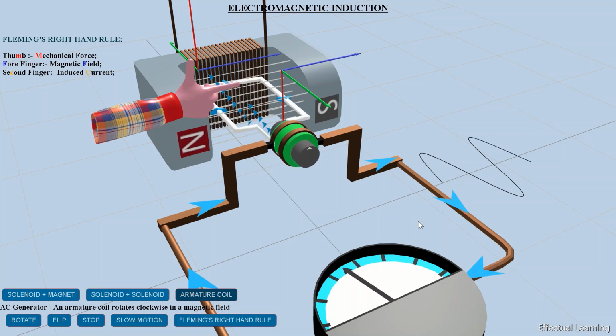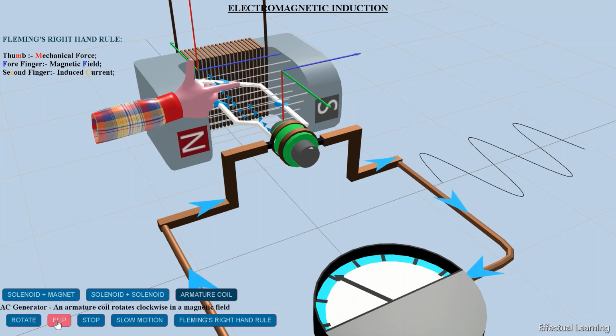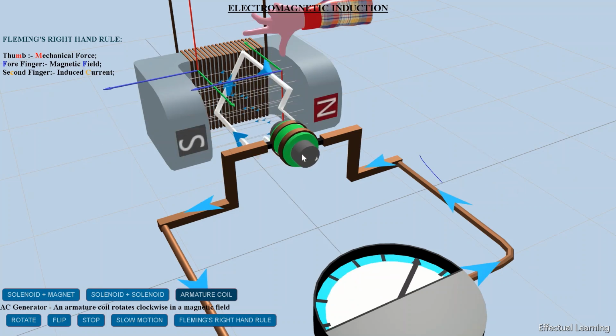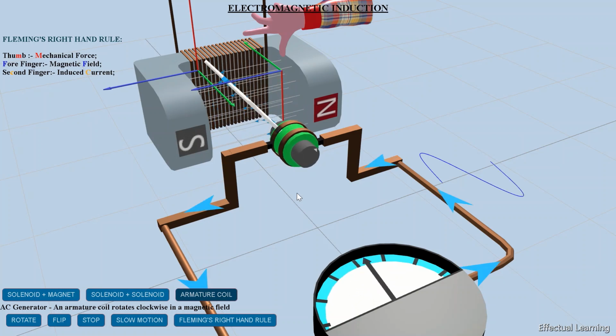Similar to an electric motor, the wire loop is connected to the external circuit by means of split rings and carbon brushes. When the coil is rotated with constant speed, every half cycle the current induced gets reversed, resulting in an alternating current flowing through the external circuit.